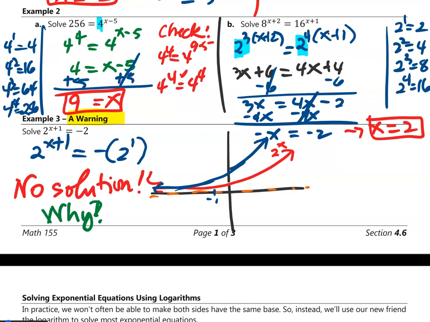I'm gonna use green. This is gonna be 2 raised to x plus 1, so that is this left side here, the green one. And this is negative 2, meaning that is somewhere here, y equals negative 2.